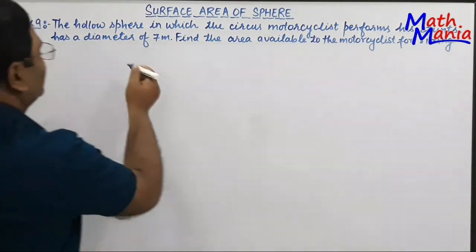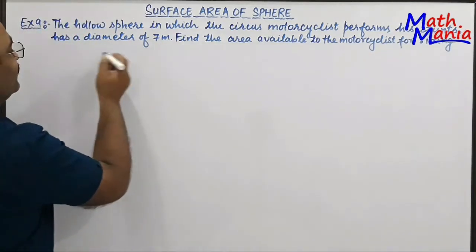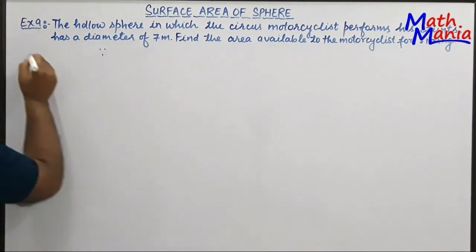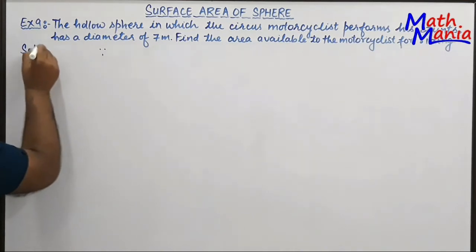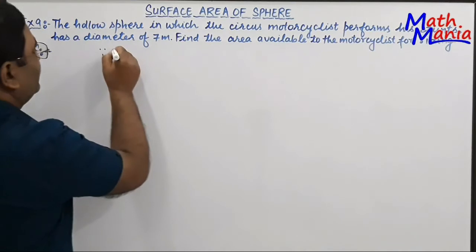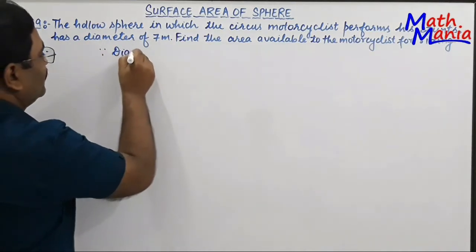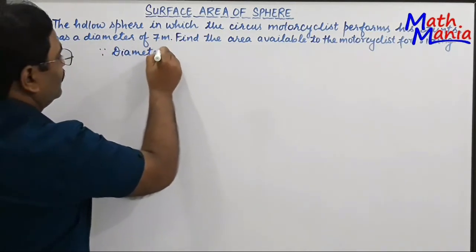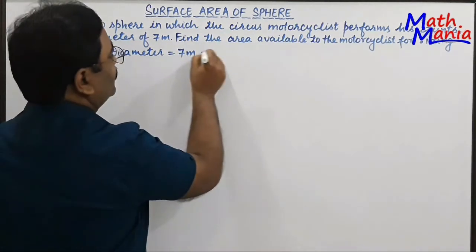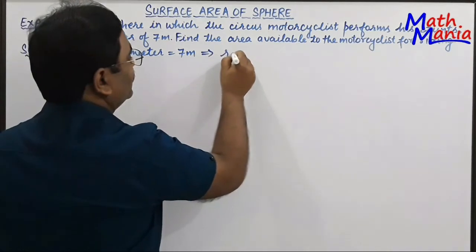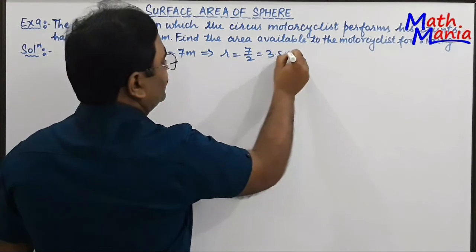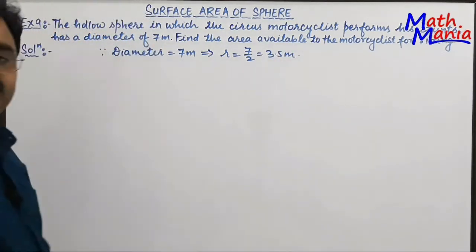Okay, as the diameter of the sphere is given, in the solution of this question, diameter is equal to 7 meter, so therefore radius will be 7 by 2, which is 3.5 meter, right?